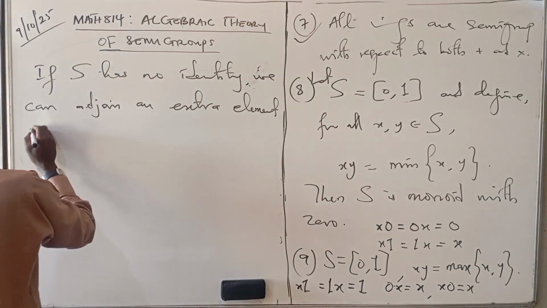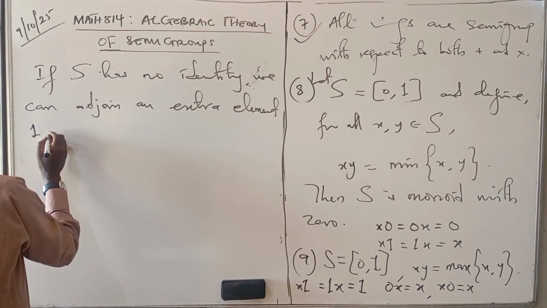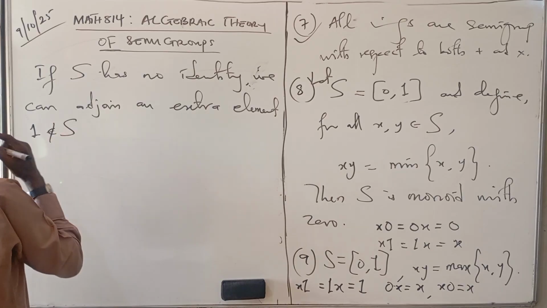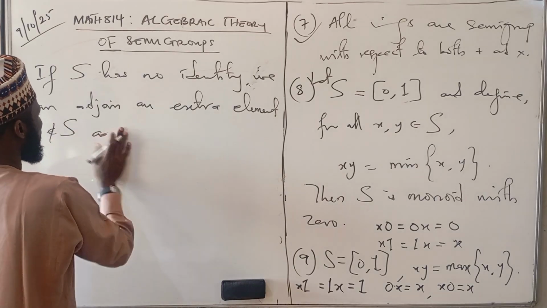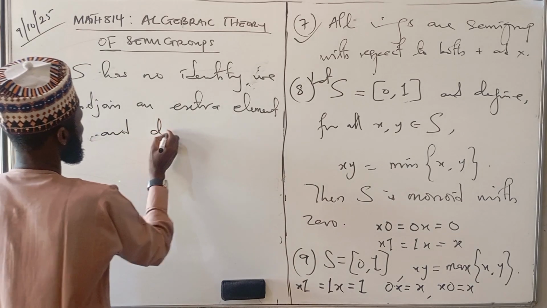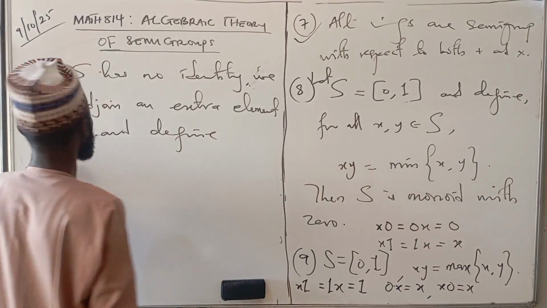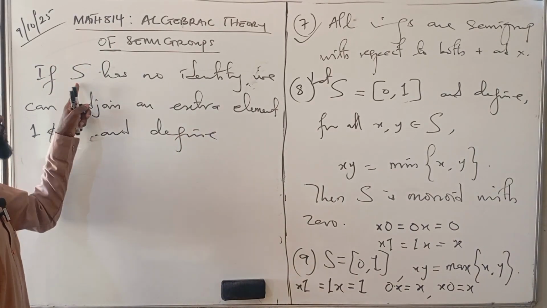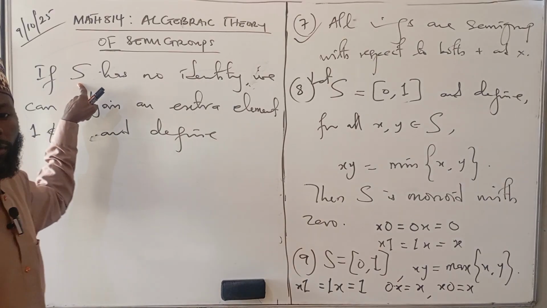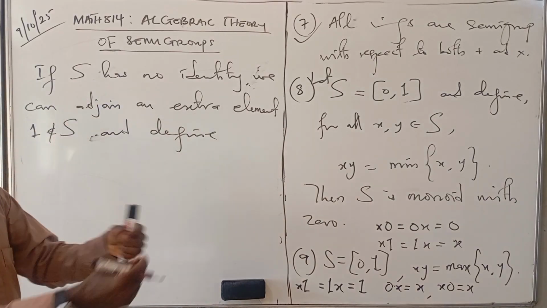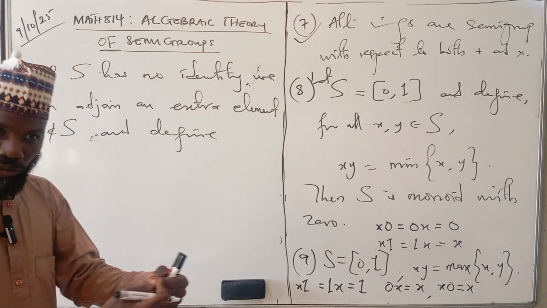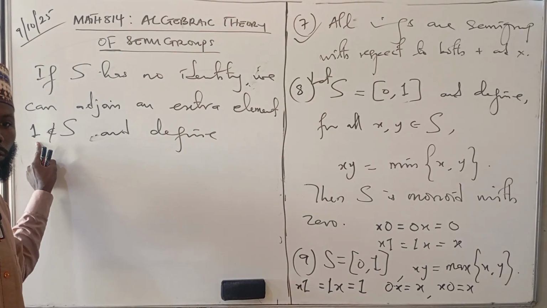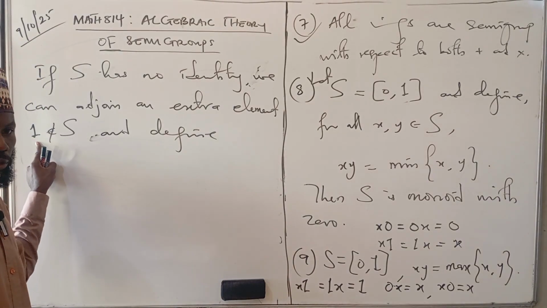So an extra element 1, this was not in S, and define. Since it wasn't coming from S, and the binary operation is only defined in S, you only know how to combine elements of S, but you don't know how to combine with this particular element you are bringing in.